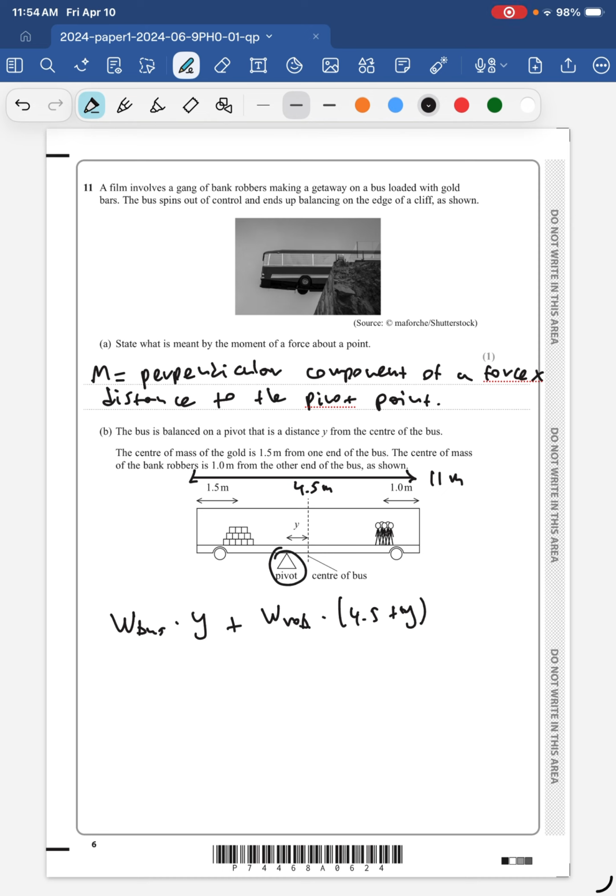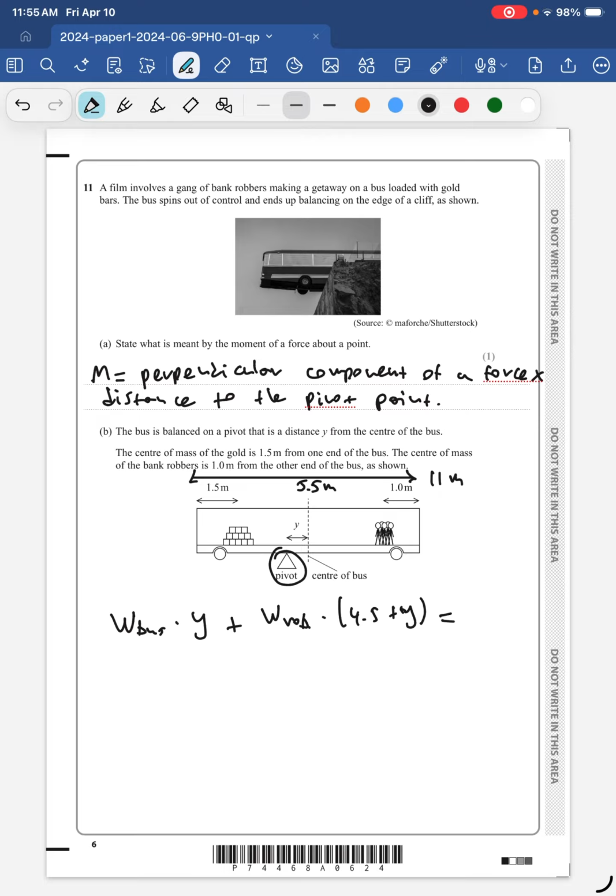So from the pivot, the distance of the robbers from the pivot is y plus, wait, something's wrong here. Oh, yeah, what is wrong is that the middle of the bus is at 5.5 meters, excuse me. Okay, so the robbers are 1 meter from the edge of the bus. Therefore, they are 4.5 meters away from the center of mass of the bus, plus y from the pivot. So we have 4.5 plus y.